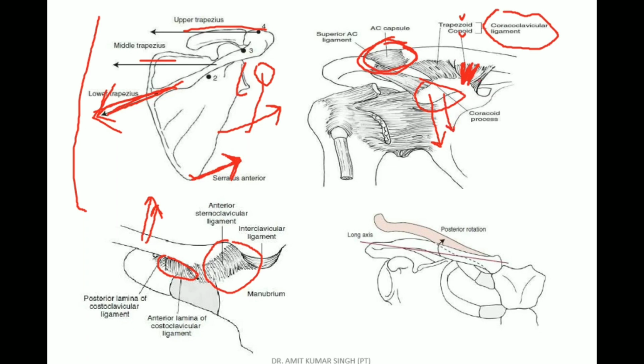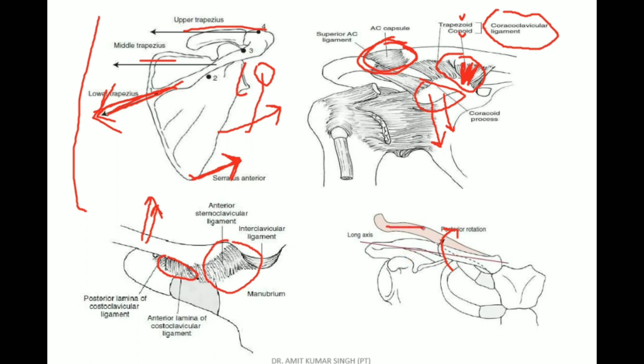Due to this, what will happen? This ligament, the conoid ligament, will become taut. It will be very tight. Due to this, the clavicle will be pulled into posterior rotation. You can see here the clavicle goes into posterior rotation due to this pull, and due to this the lateral end of the clavicle will flip up.